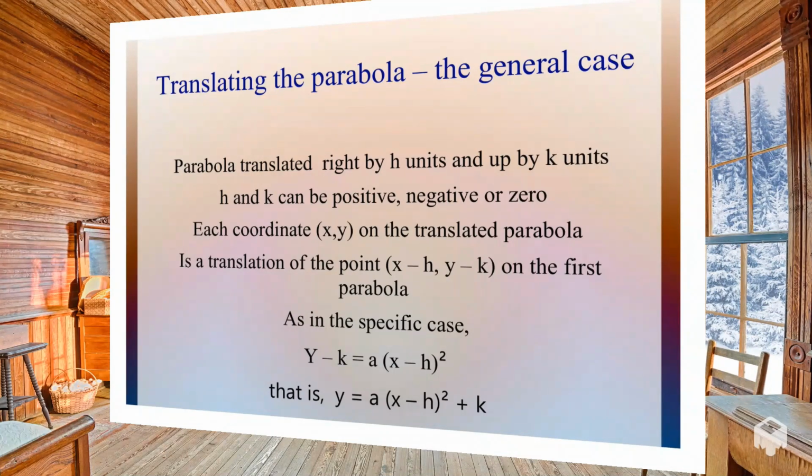And each coordinate x, y on the translated parabola is a translation of the point x minus h and y minus k on the first parabola. As in the specific case, y minus k is equal to a brackets x minus h squared, rearranged to give our completed square form.